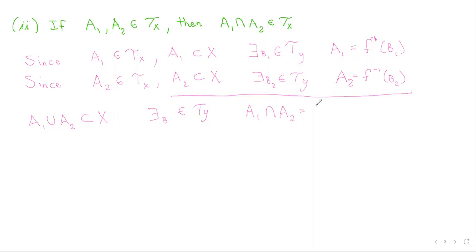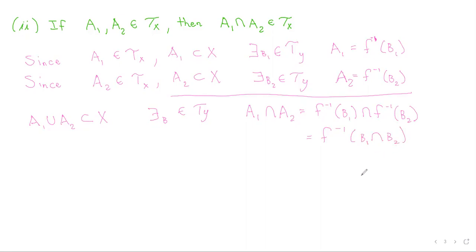A1 is the inverse image of B1, and if we're intersecting with A2, that is also equivalent to the inverse image of B2, and we are allowed to move these two in one set of parentheses, and that will hold its same value.